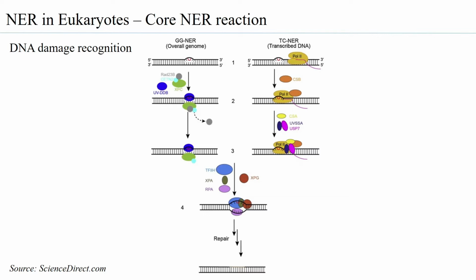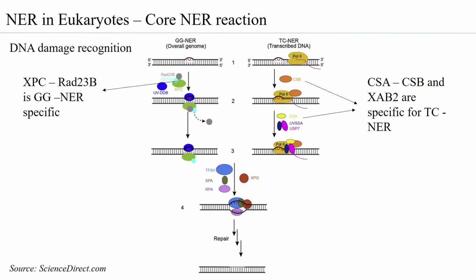In global genome NER, one has the XPC RAD23B complex, which is responsible for recognizing the damage, while in the transcription coupled NER, you have two other proteins called CSA and CSB, along with XAB2, that are specific for the recognition of the damage in the transcription coupled NER.